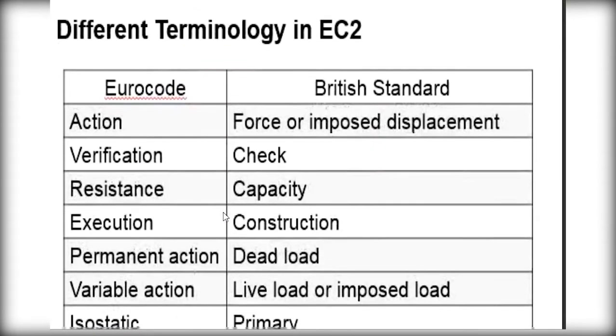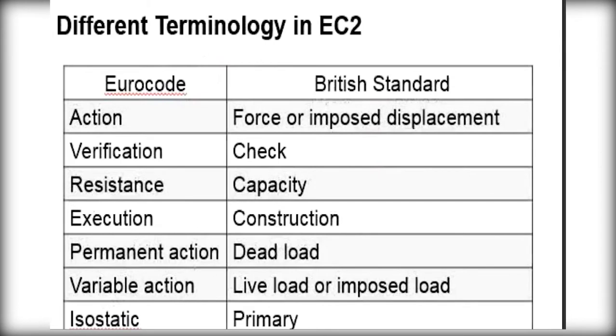Now, different terminology. The terminology in Eurocode versus British. In Eurocode, the action, while in the BS standard we use the force or the imposed displacement. So in Eurocode we replace it by saying the action. In Eurocode you use the so-called verification, while in British standard you use check.